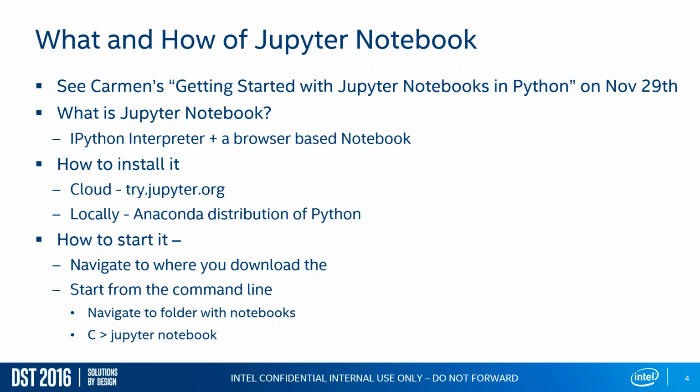For those of you who just want the shortcut version, what is Jupyter Notebook? Well, it's got this IPython interpreter, which is able to run on a server or on your own laptop, and then you've got this browser-based notebook system which lets you edit your scripts, and you can share these through the web server so that lots of folks can have access to them.